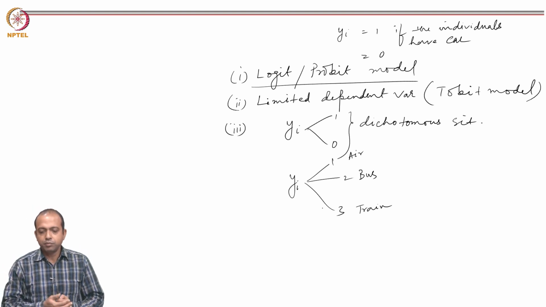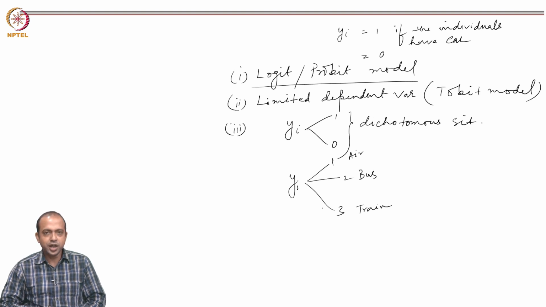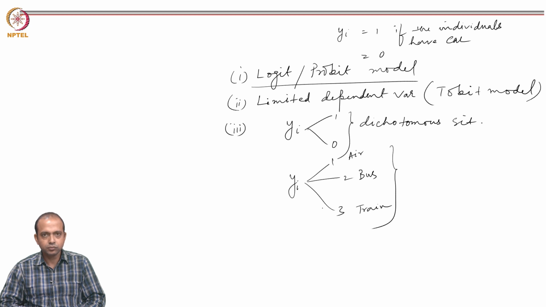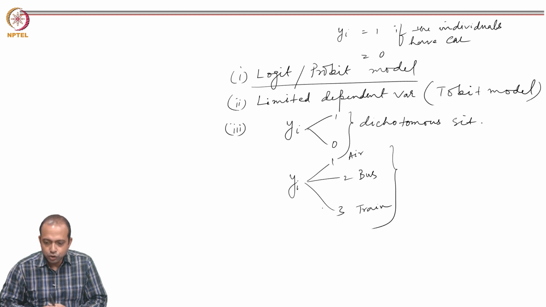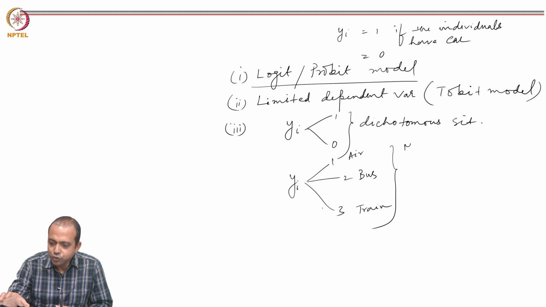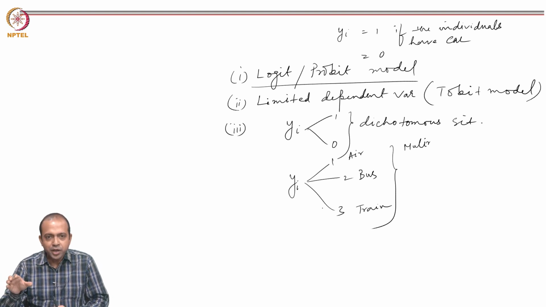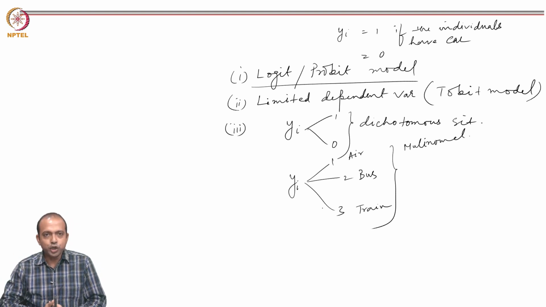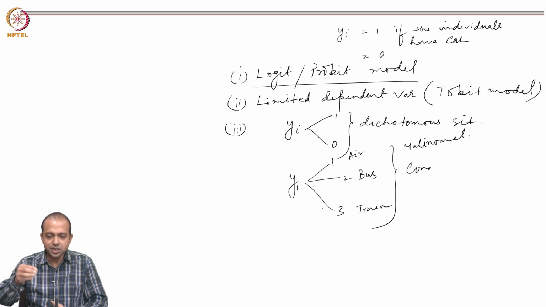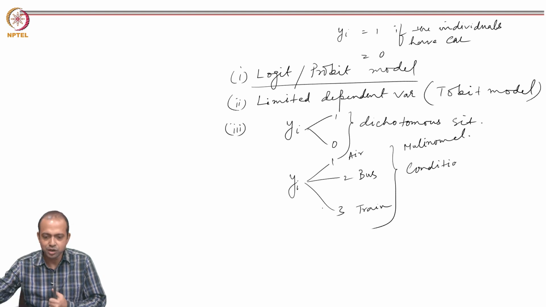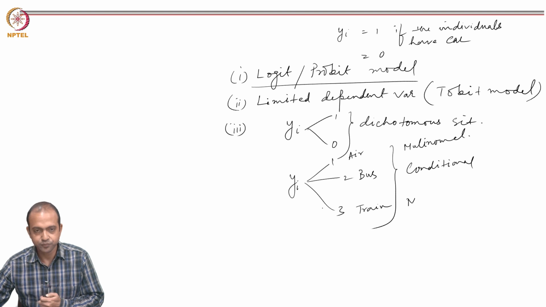So, this is the way by which we can model a polychotomous situation. These are the models we are going to discuss in our module 3.